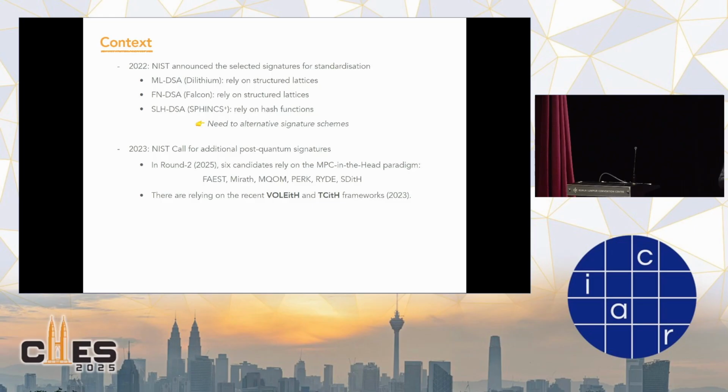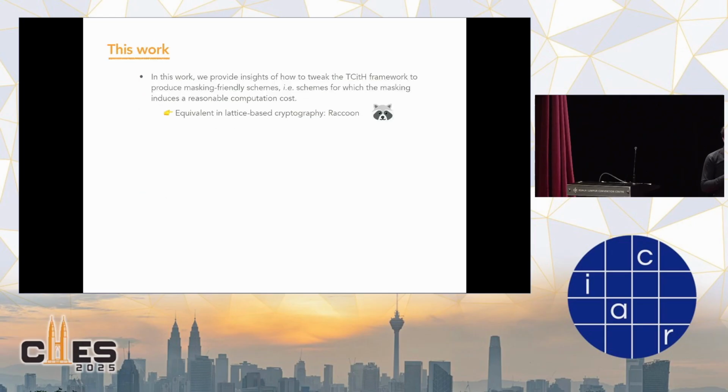There were a lot of framework instantiations for the MPC-in-the-head paradigm. The 6 candidates rely on the recent frameworks named VOLE in the head and TC in the head. In this work, we focused on the TC-in-the-head framework.